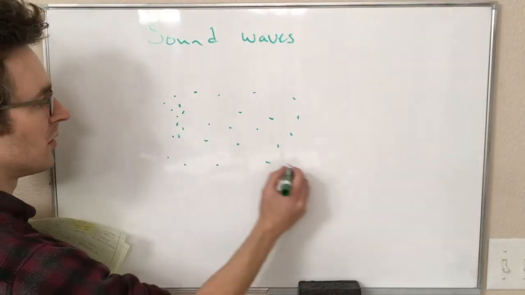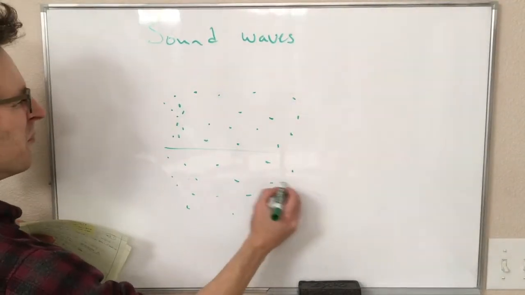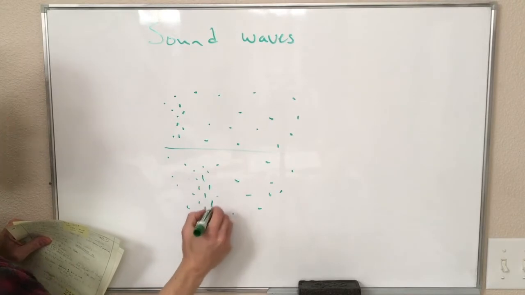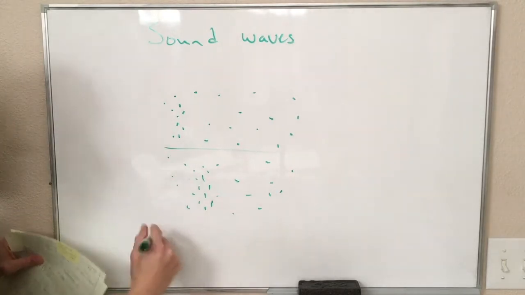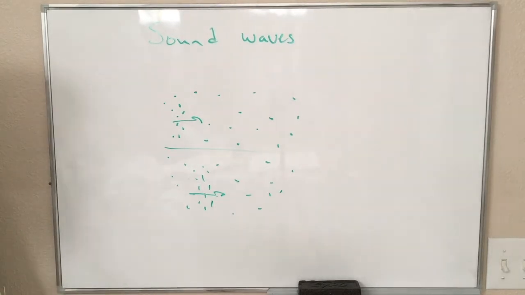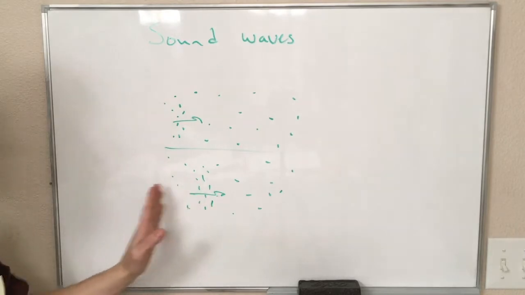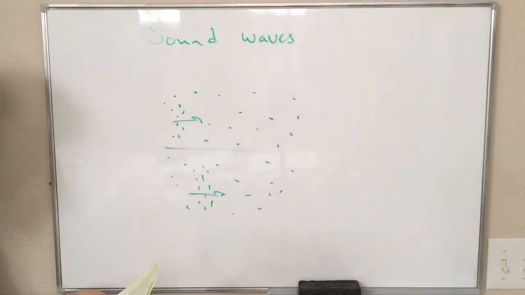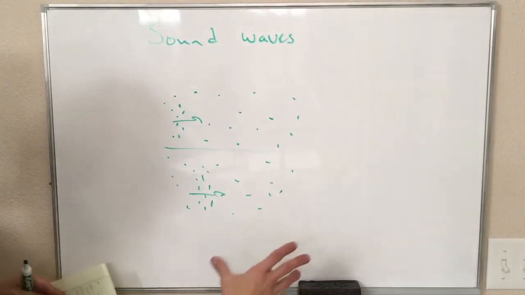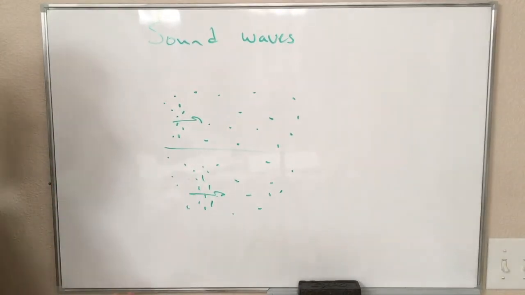So here's like before and this is after. There'll be this region of higher density molecules that moves to the right. In this case, because I'm giving them a little push to the right, so this moves to the right. This is a very, very cartoony picture, but hopefully you can see what's going on in your head.